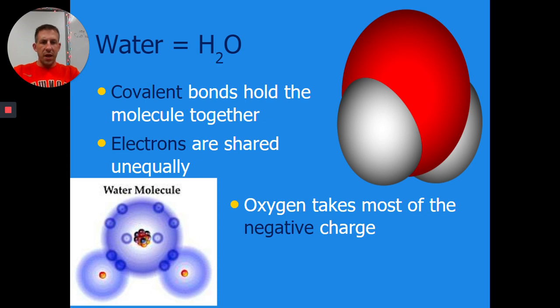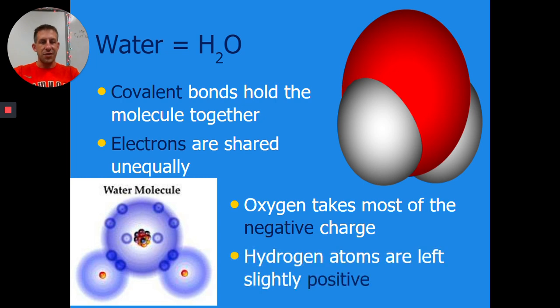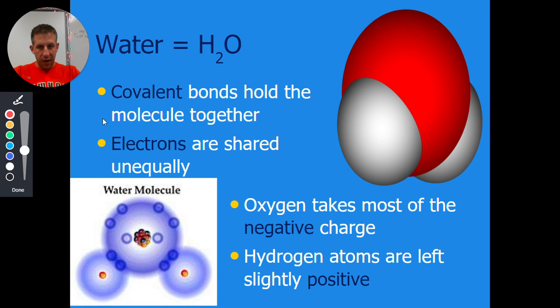Okay. In this case, oxygen takes most of the negative charge. Most of those electrons are pulled towards oxygen, and as a result, oxygen has a negative charge because it pulls those electrons closer towards itself.